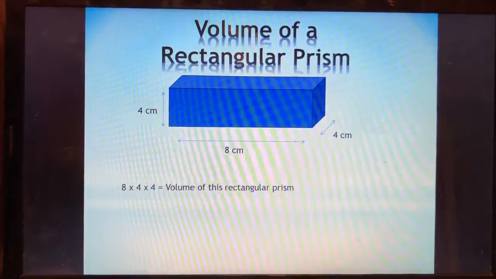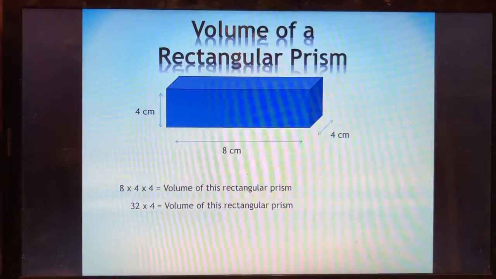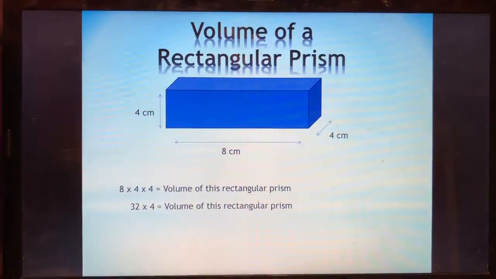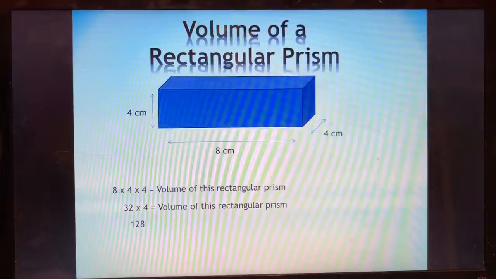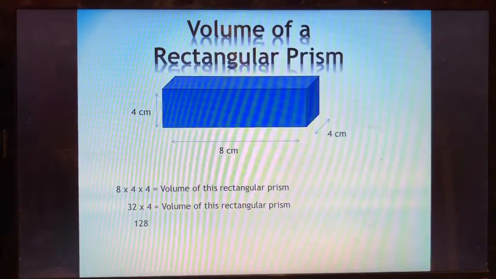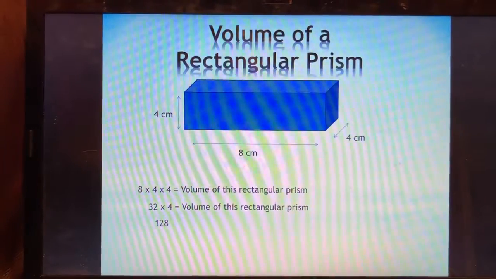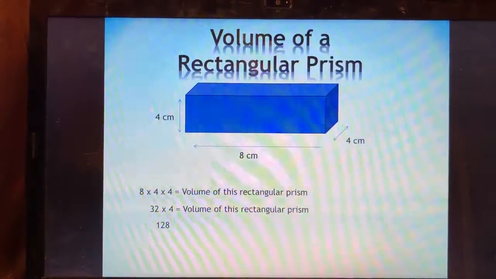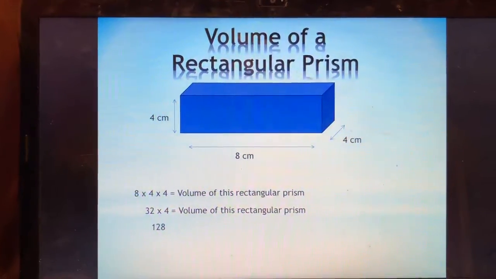So if we multiply 8 times 4, we are going to come up with 32, and then we will still need to multiply that 32 times 4 to get the volume. So if we multiply 32 times 4, we come up with 128. So are we done once we multiply our length times width times height? And the answer is no, because our answer is missing something.